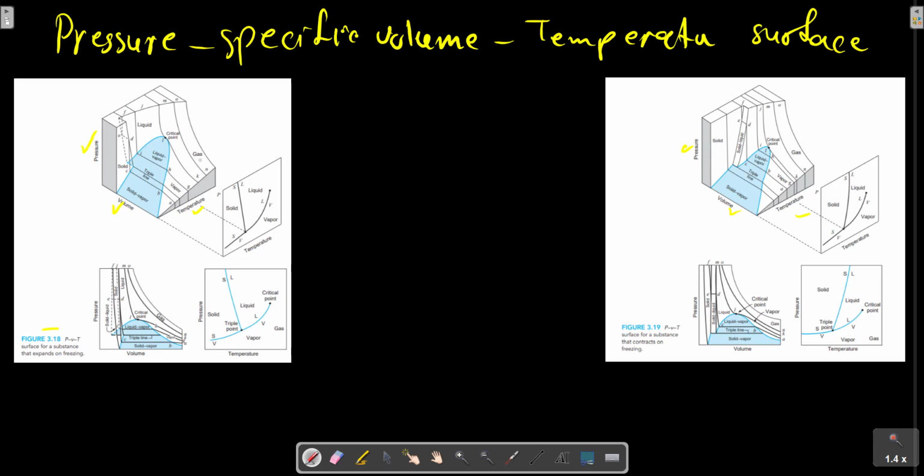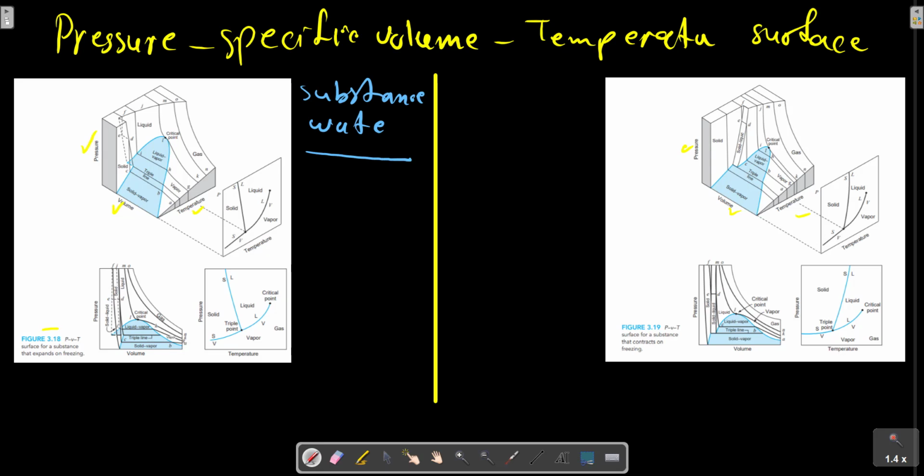This picture is for a substance such as water, in which the specific volume increases during freezing.